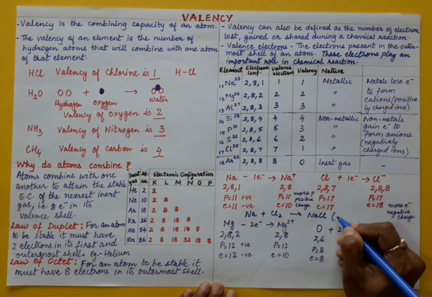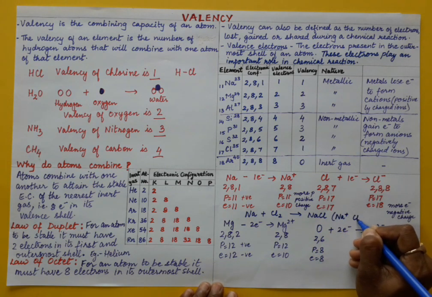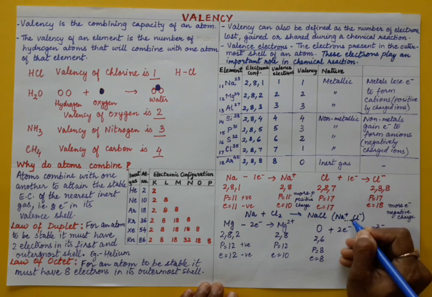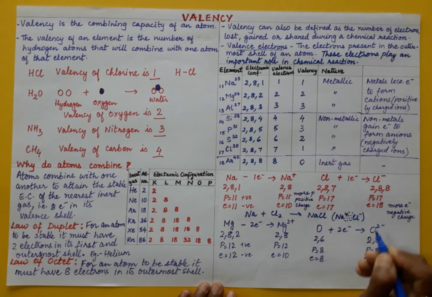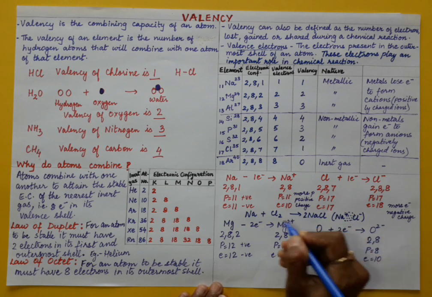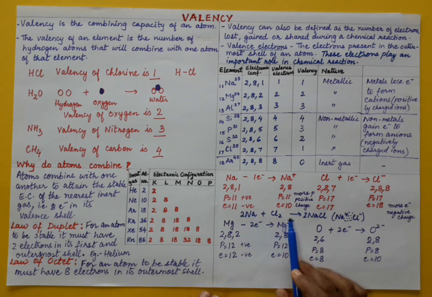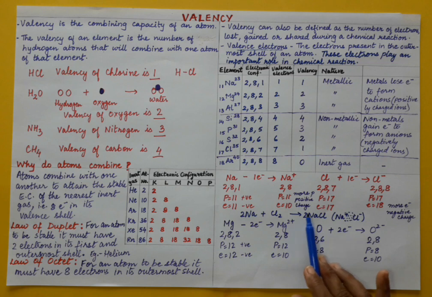In sodium chloride the ions are Na+ and Cl-, oppositely charged ions are formed and they are bonded by electrostatic force of attraction, and then we balance the reaction. So during the course of reaction, one is losing, another is gaining to form a stable compound. That is how we know the valency.